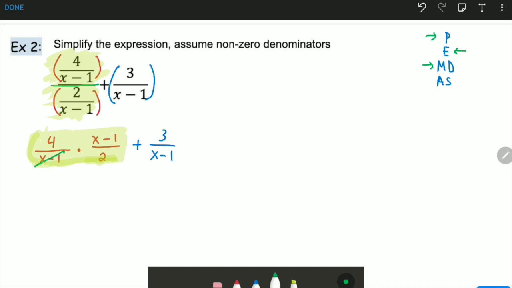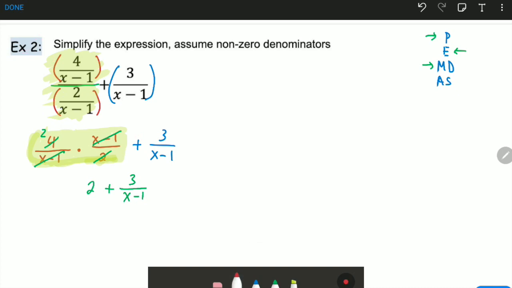There's a factor of x minus 1 on top and bottom, so they can cancel out. No, we cannot cancel out this one because it's separated by addition, so we cannot do that. And we can reduce the factor of 2 here, leaving us with 2 plus 3 over x minus 1.